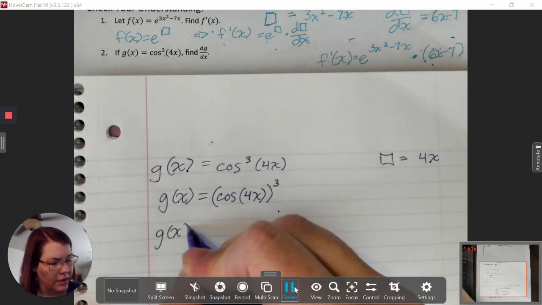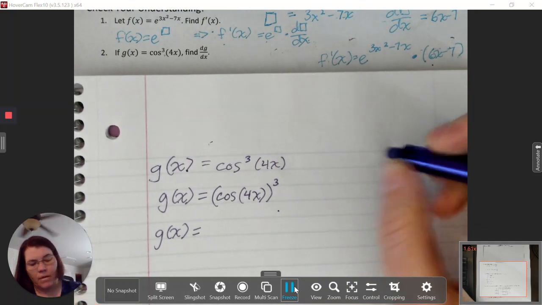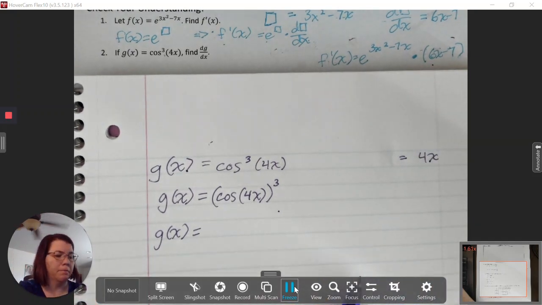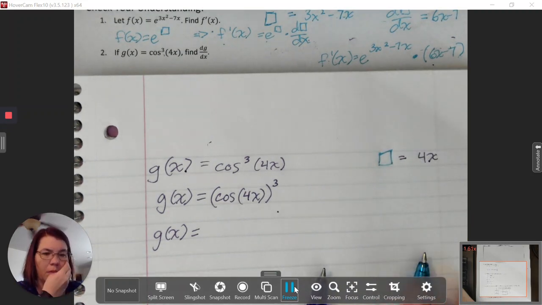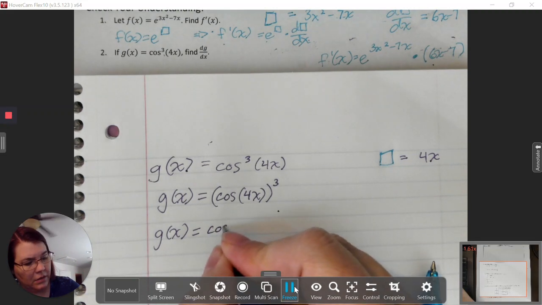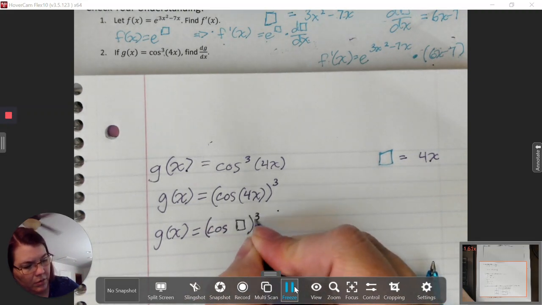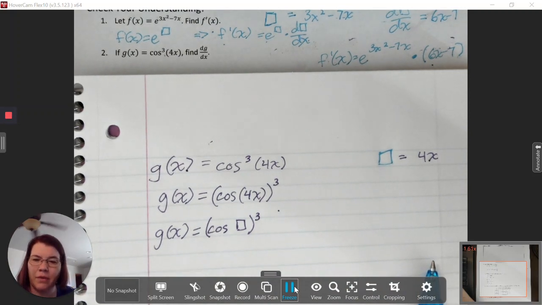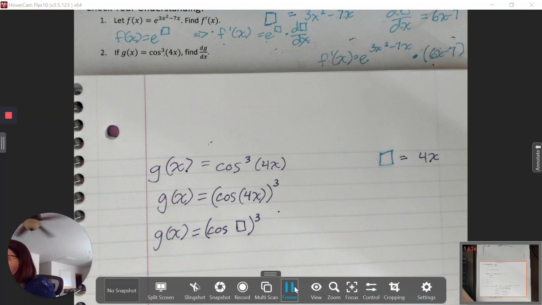So that would mean I'd have g of x equals, and let's play color games here. Call square blue, so I'm going to use blue for square. I'll erase the rest of that in a minute. So I have cosine of square cubed, and so I still don't have just the square there, so we're going to go ahead and go with another color here.